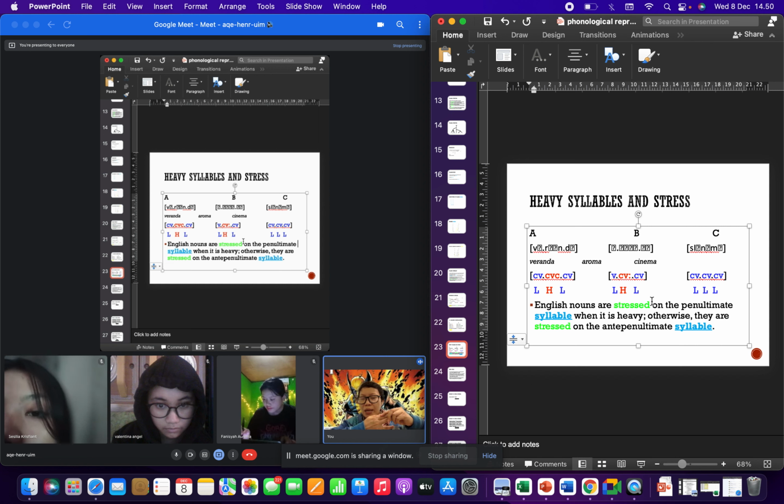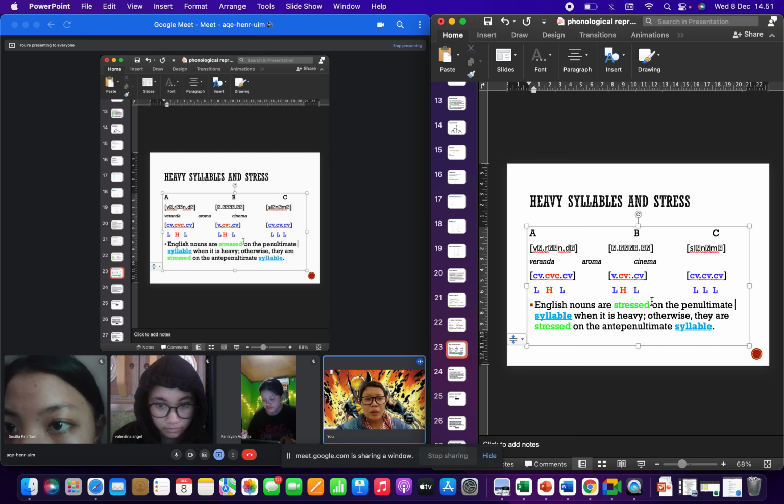In bahasa Indonesia we can say that penultimate syllable is silabel yang muncul di dua akhir sebelum silabel akhir. Silabel paling akhir, ya. Jadi itu kita sebut dengan penultimate, ya. And the penultimate syllable usually occurs as the heavy syllable.